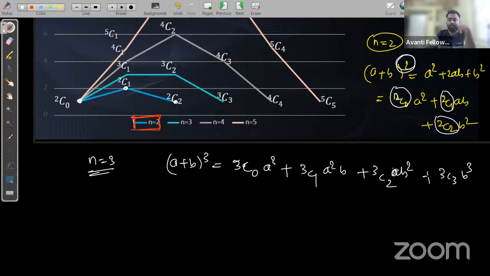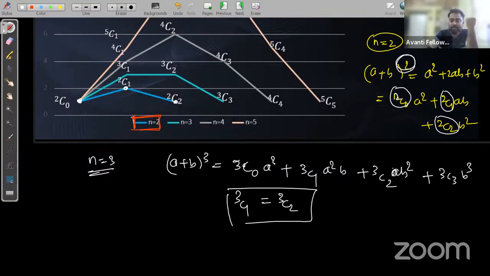So the value of 3C1 is equal to 3C2. Is that clear or not? So what are the maximum binomial coefficients in this given expansion?